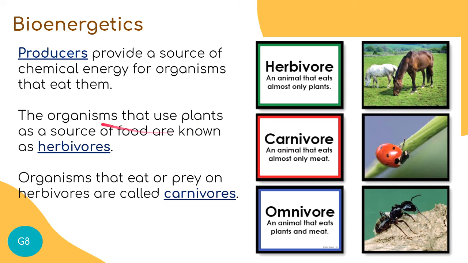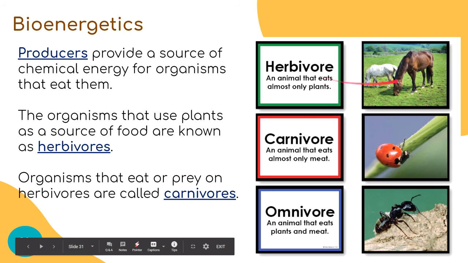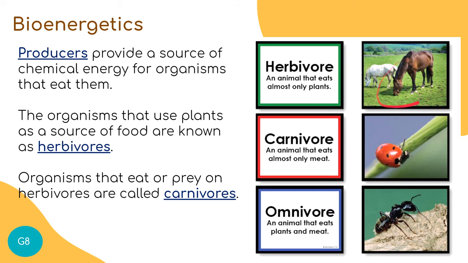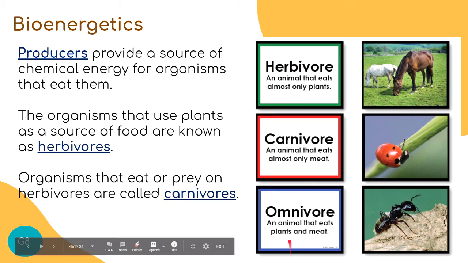Organisms that use plants as a source of food are known as herbivores. Organisms that eat or prey on herbivores are called carnivores. Okay, so herbivores are animals or organisms that specifically eat plants, while those animals or insects or organisms that only eat meat are called carnivores. Those that can eat both plants and meat, such as humans, are called omnivores.